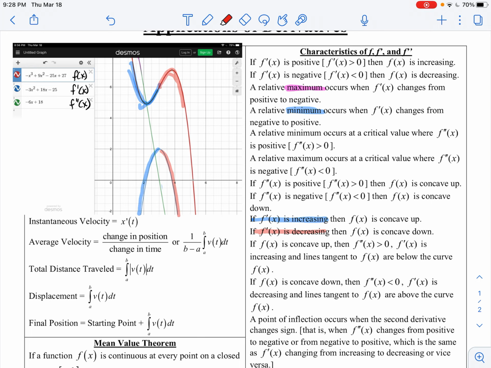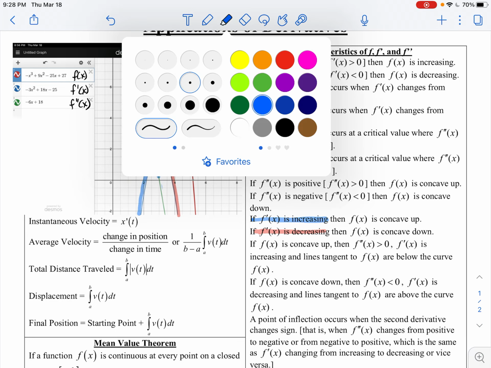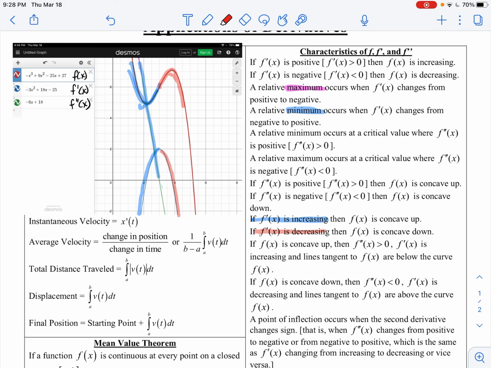All right, next up, if f of x is concave up, so I'm looking at this piece in blue, then f double prime of x is greater than 0. Well, f double prime of x is above the x-axis. If f of x is concave down, that's this piece in red, then f double prime of x is less than 0.